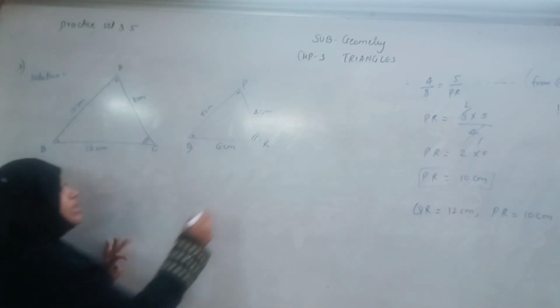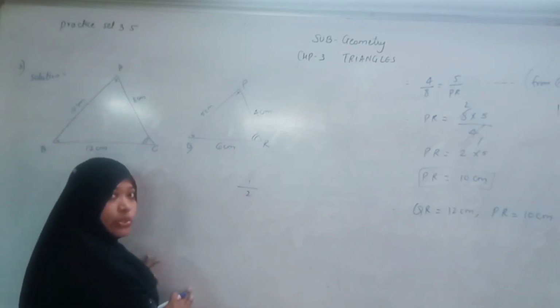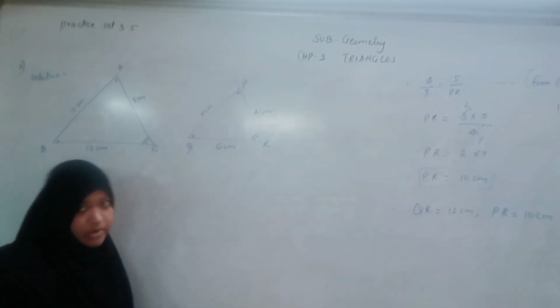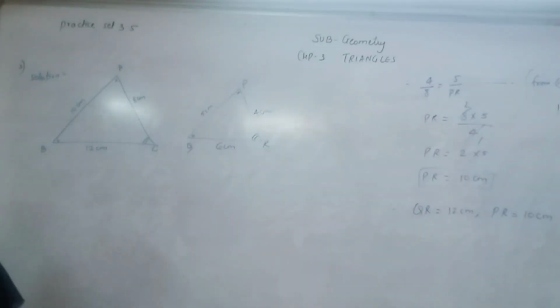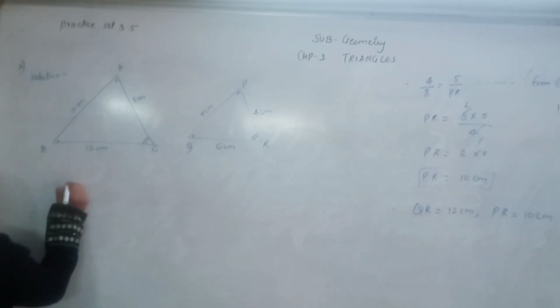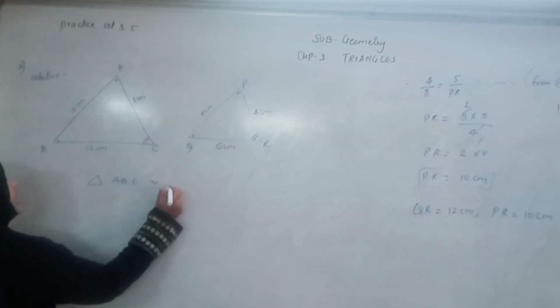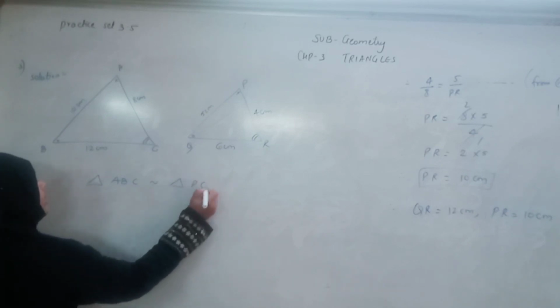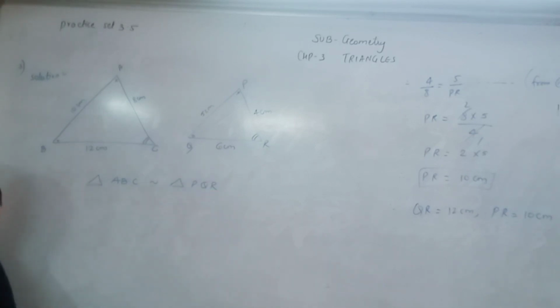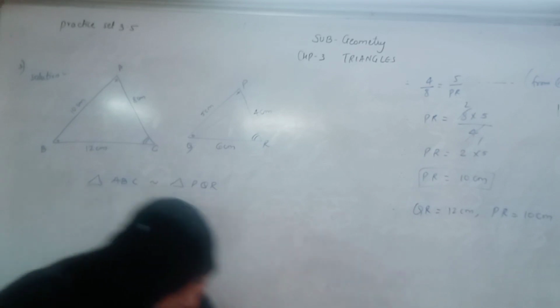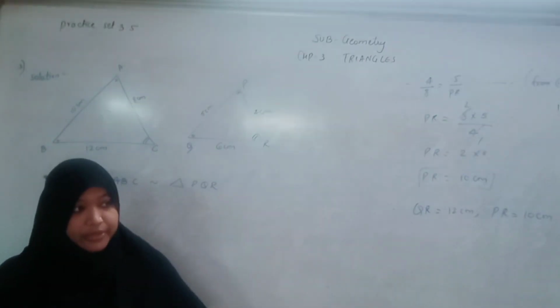Proportion means 1/2, or 2/1, whatever ratio you take. Now you can say that triangle ABC is similar to triangle PQR. Understood? This is our last exercise of chapter number 3.